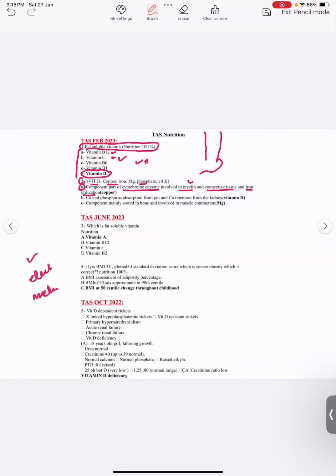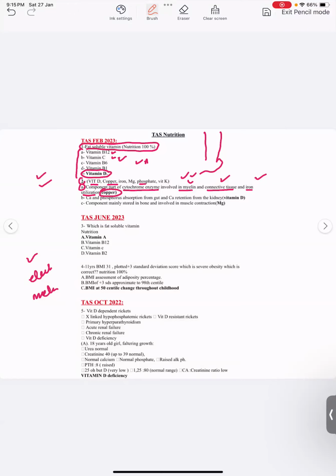So, myelin, melanocytes, iron utilization, connective tissue, even in your immune regulation, this copper has a major role. Please do remember, whenever you treat iron deficiency anemia, like in the patients coming to your OPDs, give them vitamin C supplementation, give them copper supplementation, like ask them to take the food that is rich in copper and rich in vitamin C.